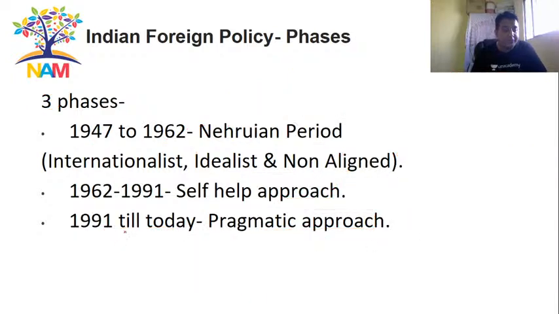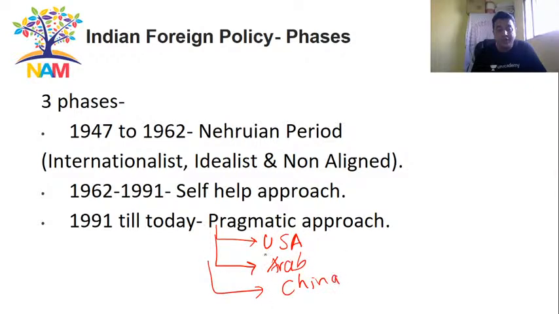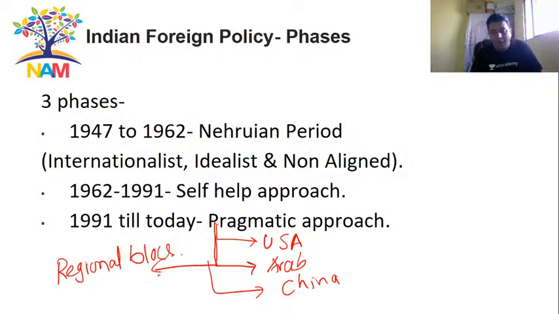So what kind of pragmatic approach? We changed our attitude towards USA. We changed our attitude towards Arab nations. We changed our attitude towards China. And at the same time, we supported the idea of regional blocks. These are representative examples of how India adopted a pragmatic approach.